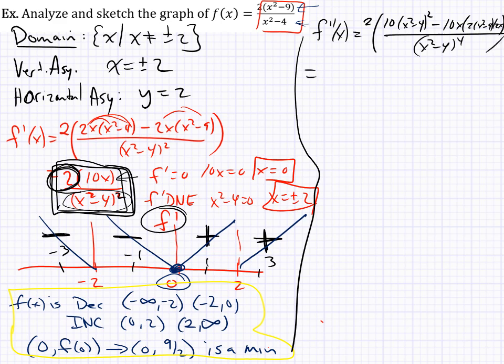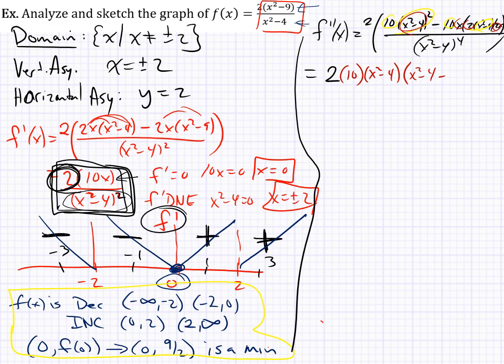And so we have 2 times, I'm going to factor the 10 out and the x squared minus 4 out. So we have 10 times x squared minus 4 times, well, what's left? There's going to be an extra x squared minus 4, minus an x, a 2, and another 2x.